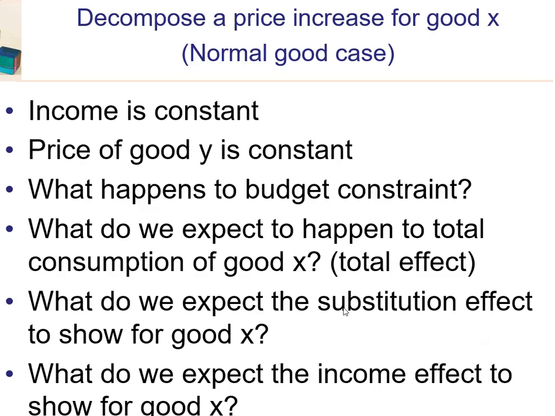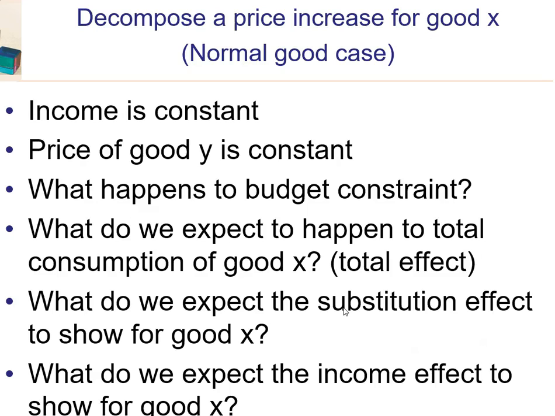So what do we expect to happen? We expect consumers to move towards the good that looks like a relatively better deal. In this case, good Y looks more attractive since its price didn't change, only the price of X went up. So we would expect a substitution effect to indicate less consumption of X and correspondingly more consumption of good Y.